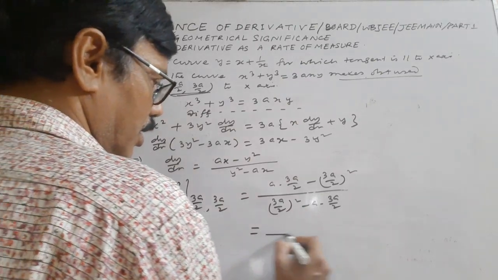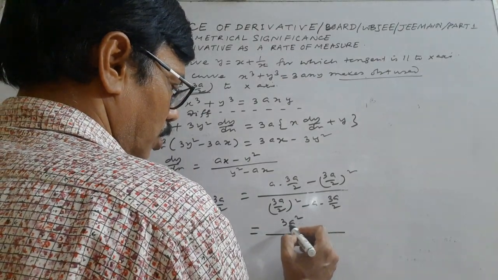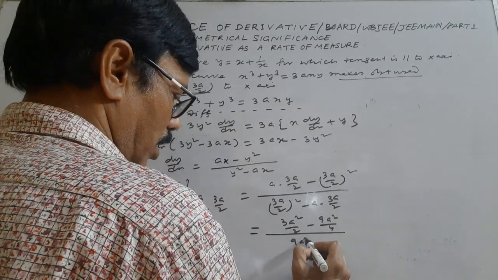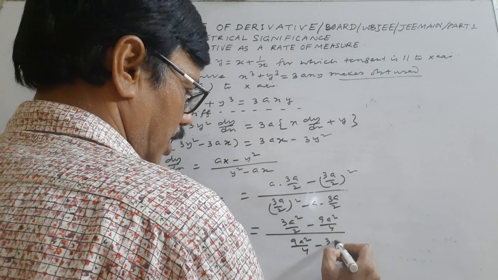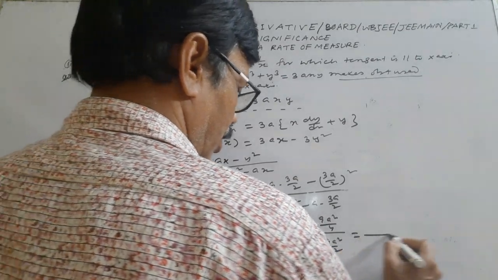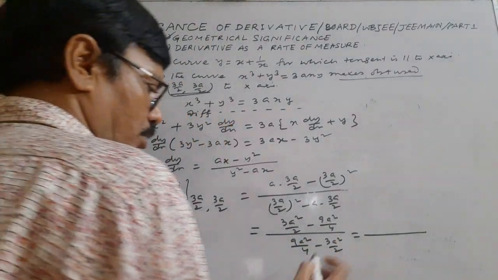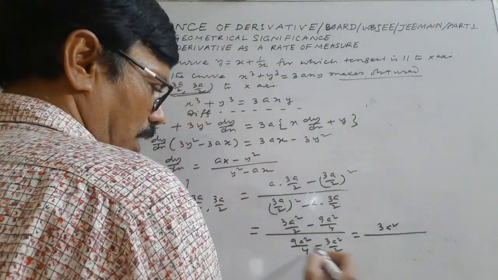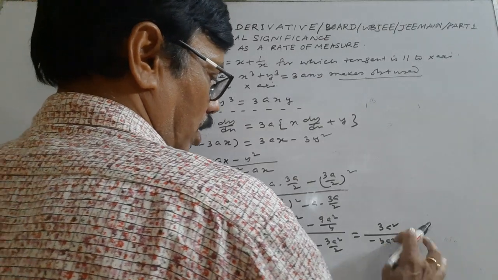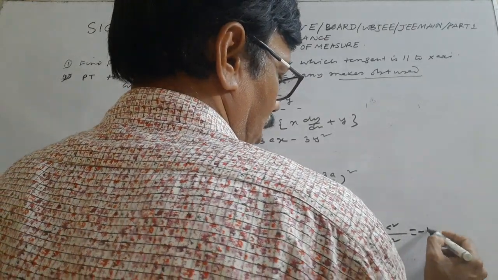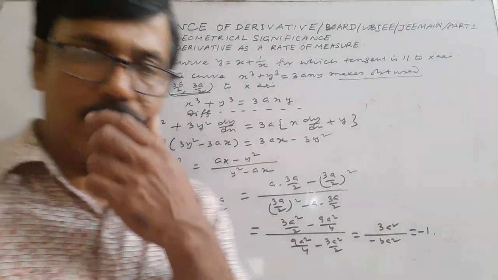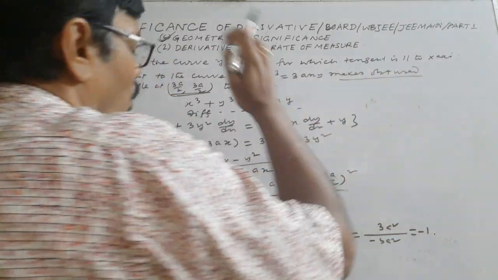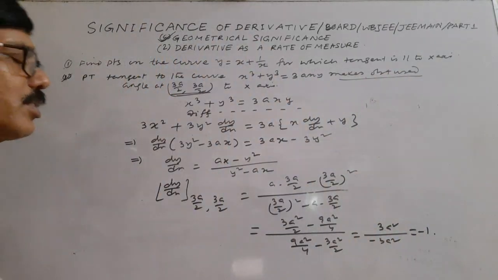So this is 3a square by 2 minus 9a square by 4, over 9a square by 4 minus 3a square by 2. Four is the LCM and it cancels out: 6 minus 9 gives minus 3a square, and 9 minus 6 gives 3a square. So dy by dx is minus 1.